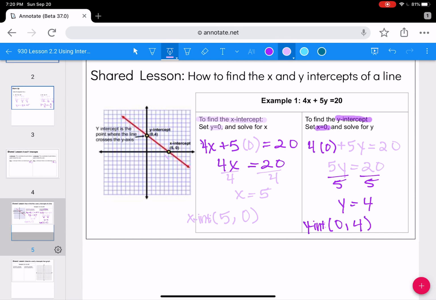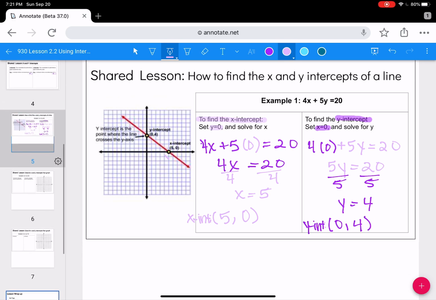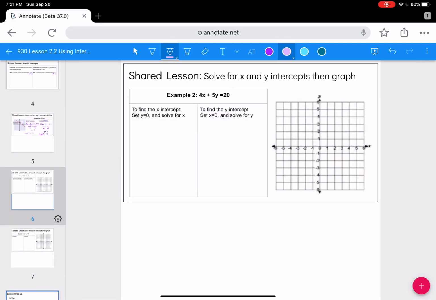And again, on that graph to the left, you can see they graphed 0, 4. That is our y-intercept, and is a point where the line crosses that y-axis. This is another way we can learn how to graph using x and y intercepts. So we're going to solve for our x-intercept, then our y-intercept for this problem, and then we're going to graph it on our graph.